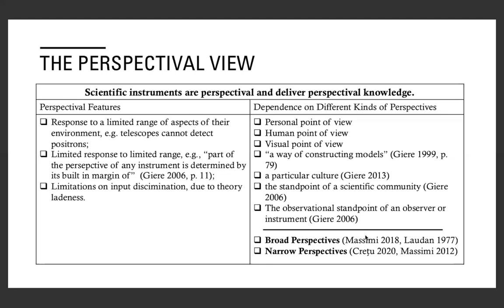The third perspective, the visual point of view, I don't think it's particularly related to scientific instruments. Briefly, this is because you can easily imagine two people with different visual systems, and they could look through the same instruments at the same object, but still see the world differently. And that's not because of the instruments, that's because of their visual system.